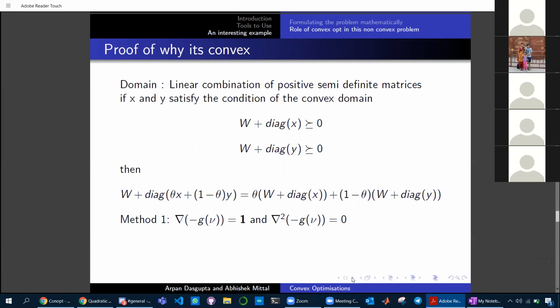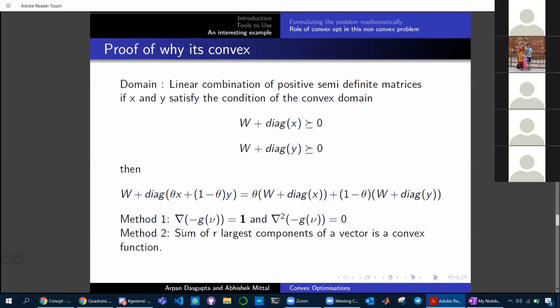The other method is by using the property that Arpan had just discussed, that the sum of r largest components of a vector is also a convex function. So all I need to do is just substitute r to be equal to n, and hence it is a convex function. So these two methods prove that this is a convex function.